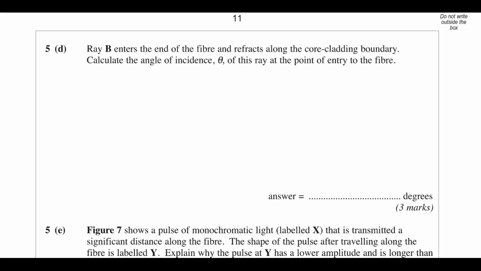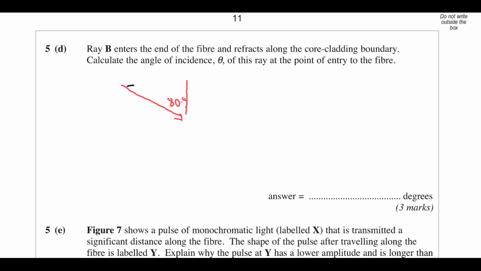So we've got ray B enters the end of the fibre and refracts along the core cladding boundary. Calculate its original angle of incidence when it entered the fibre. So if it goes along the boundary, we know its angle of incidence with the core cladding boundary must be the critical angle. So if I draw the normal, the ray must be coming at this at 80.4.